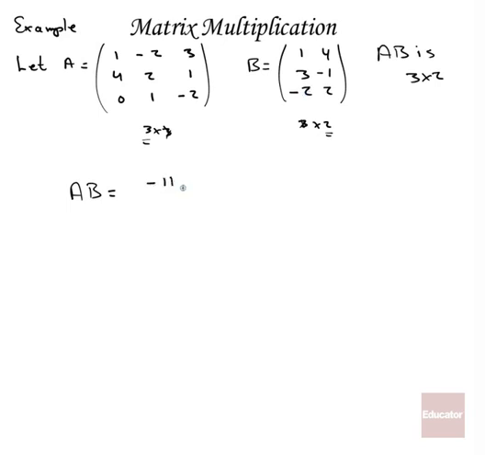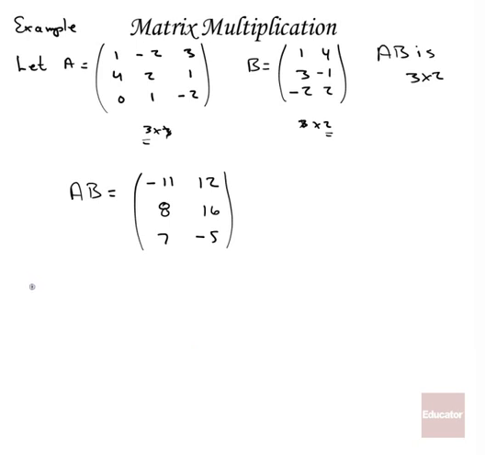So it's going to be minus 11 there. And now we're going to do the second entry. The first row, second column, which means first row of A, second column. 1 times 4 is 4. Minus 2 times minus 1 is 2. 4 plus 2 is 6. And then 3 times 2 is 6. That becomes 12. When we continue on this way, we end up with 8, we end up with 16, we end up with 7, we end up with minus 5. That's our AB.